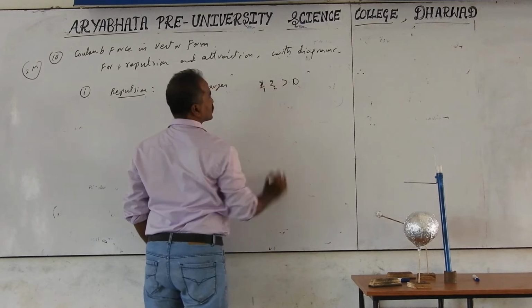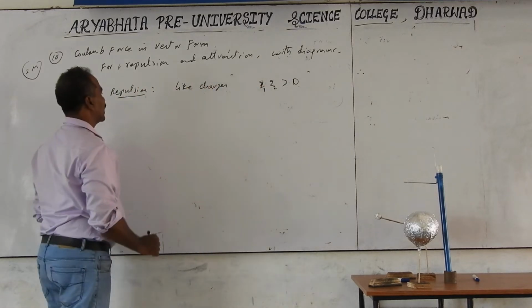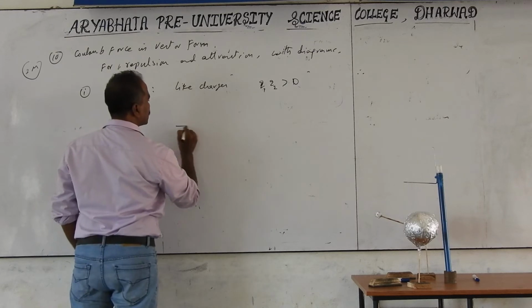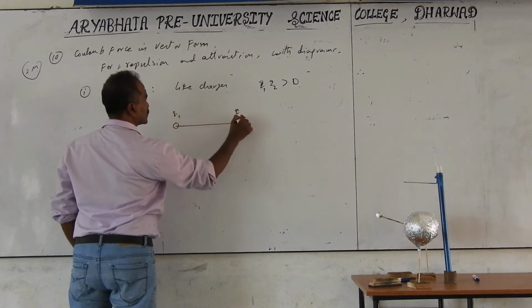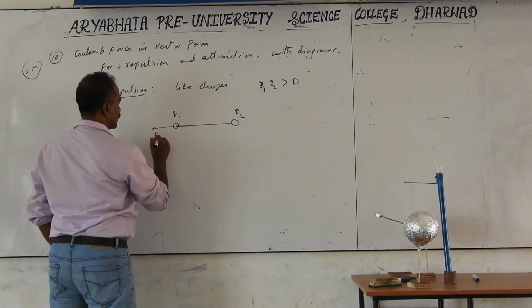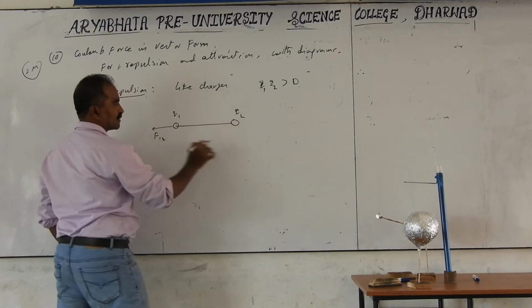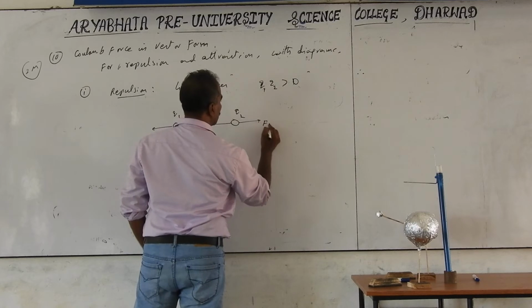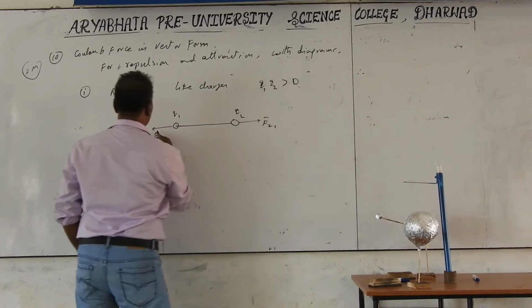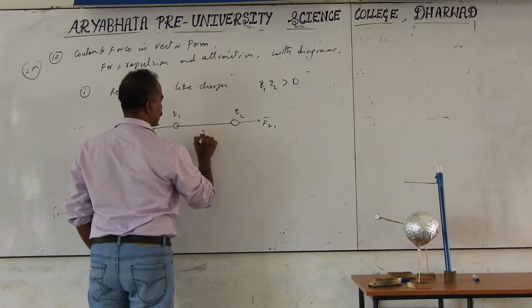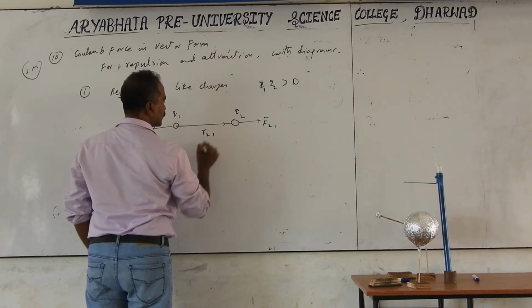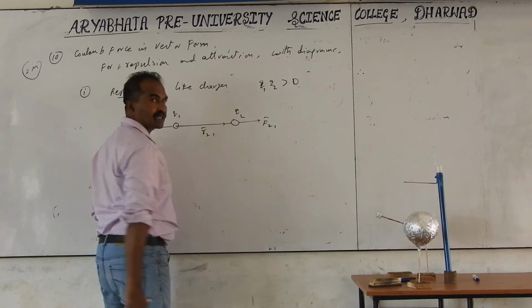Then the diagram representation is: this is Q1, this is Q2, this is F1 repulsion, and this is going to be F2. This is nothing but equal to R21. Right, I think we compared this previously.